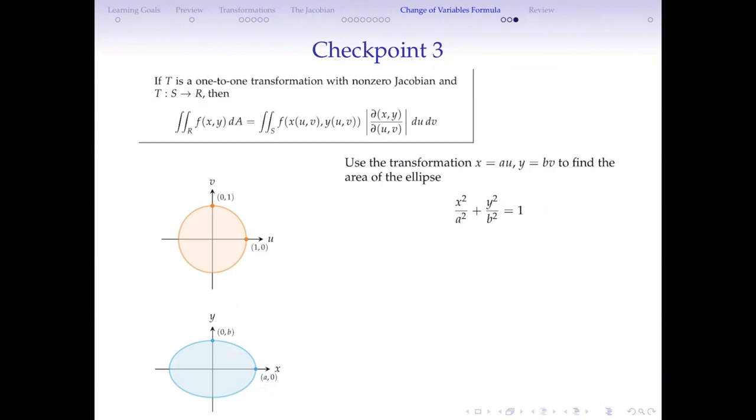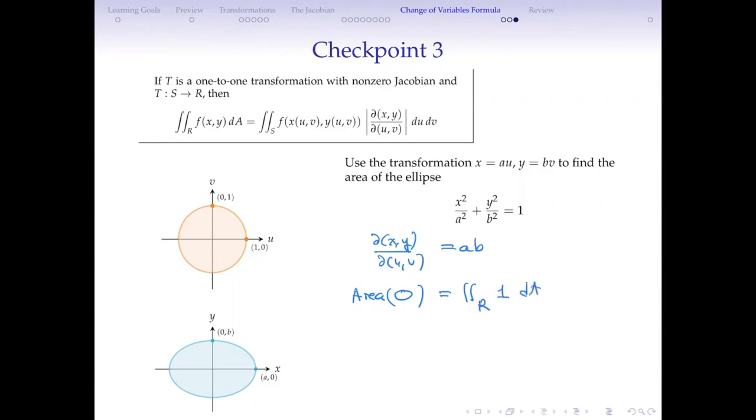So we know the transformation is x equals a times u, y equals b times v. You can look back to a previous part of the lecture to see that we calculated the Jacobian of this transformation as just ab. So the area of the ellipse is the double integral over this region R of the function 1.